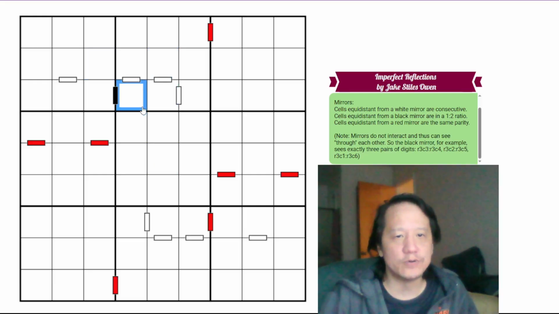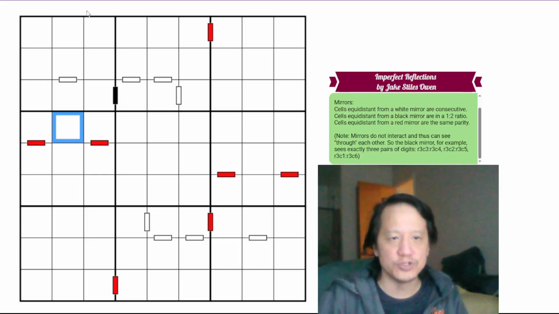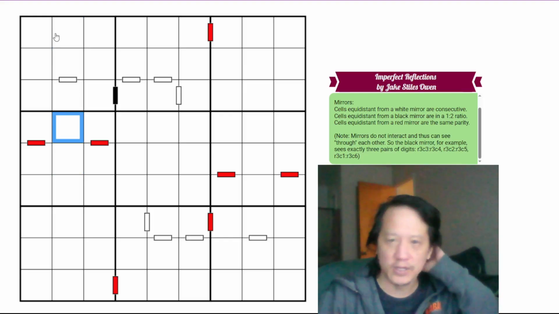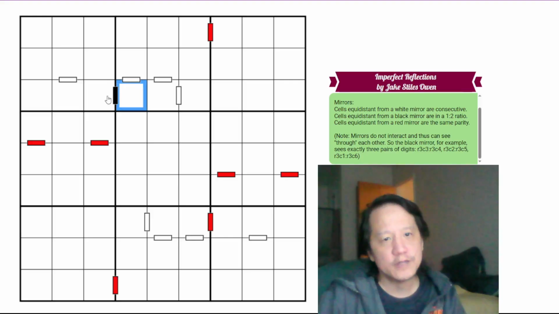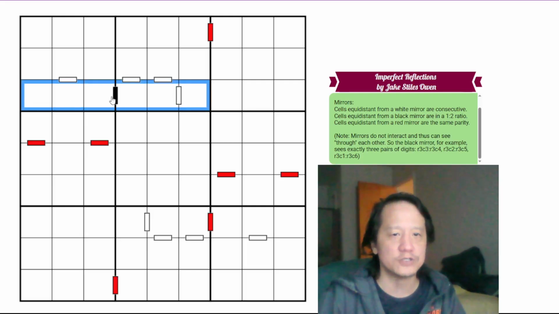As an example, for the white mirrors, these 2 digits must be consecutive, and these 2 digits must be consecutive, because they are the cells that are equidistant from the white mirror. These 2 digits are in a 1:2 ratio, and these 2 digits are in a 1:2 ratio, as are these 2 digits, because those are the only cells which are equidistant from the mirror.